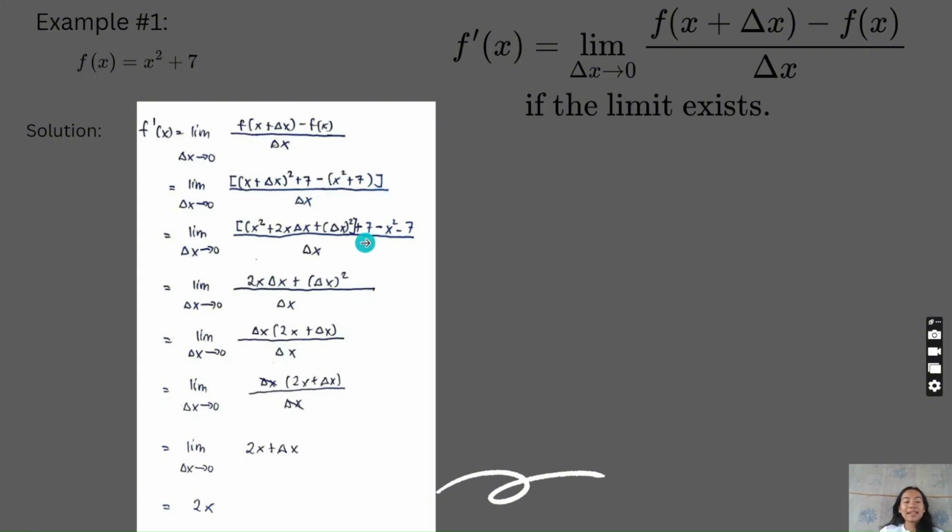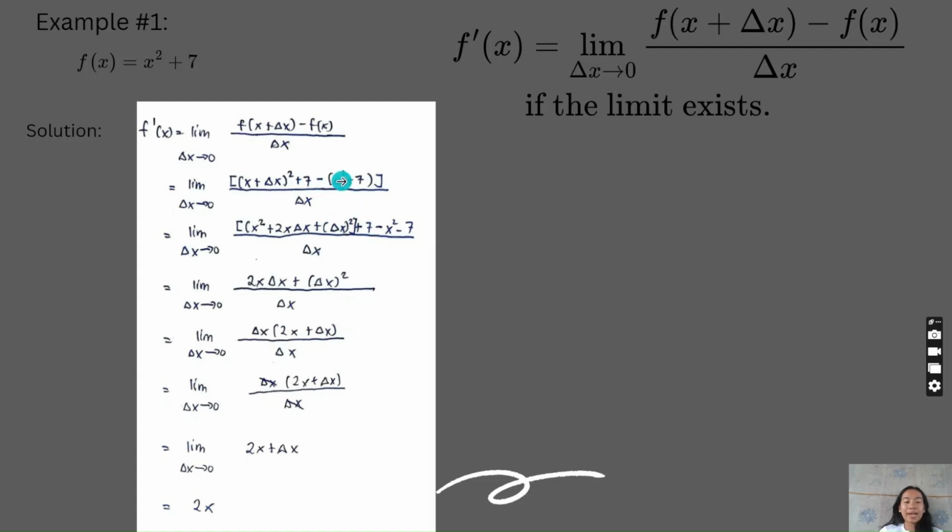And then the next thing that we need to do is to expand x plus delta x squared. That is equal to x squared, since the first thing we need to do is to square the first term, and then plus multiply these two terms times 2, and that's 2x delta x, and then plus the square of the second term, which is delta x squared, plus 7.